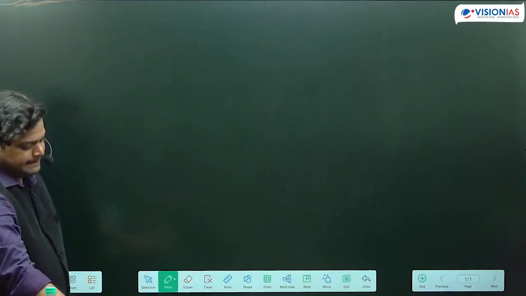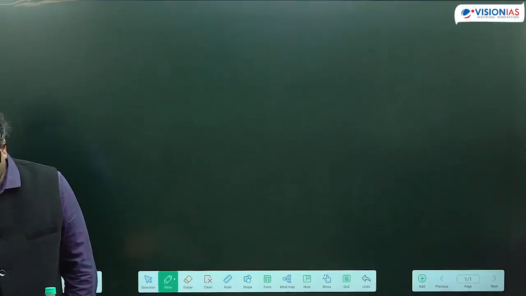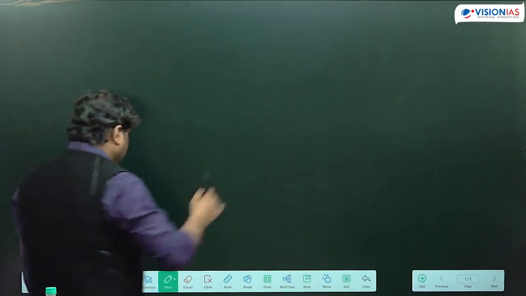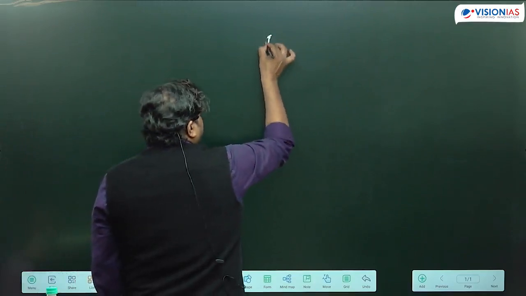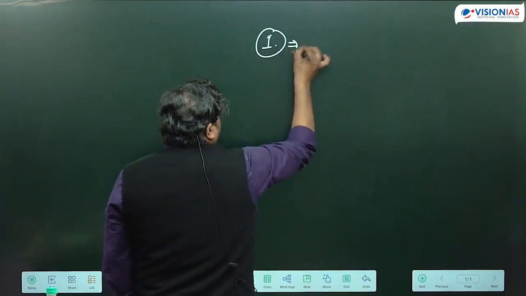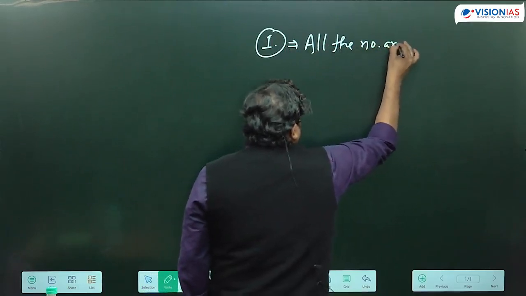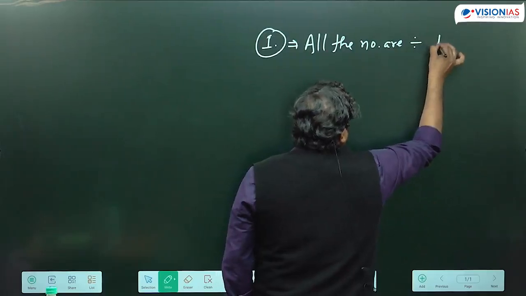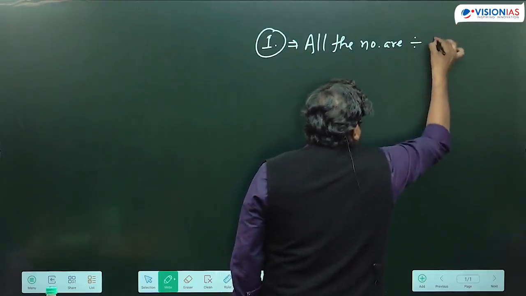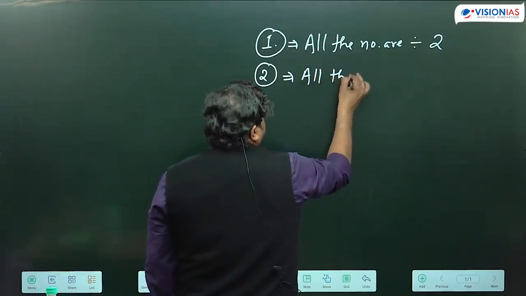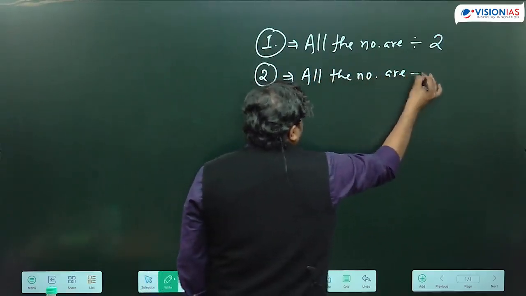Then if I write one question, एक क्वेश्चन लिखते हैं ऐसा. If I provide statements this way: statement 1, all the numbers are divisible by 2. Second statement, all the numbers are divisible by 3.